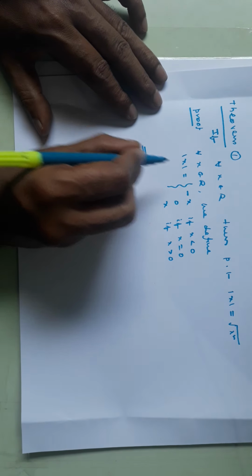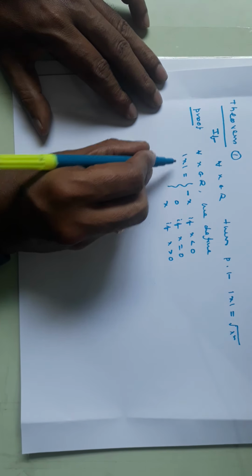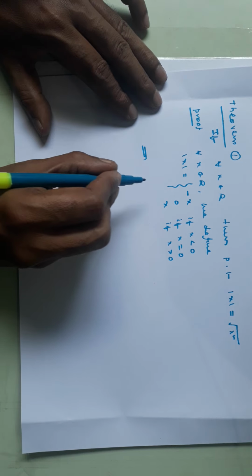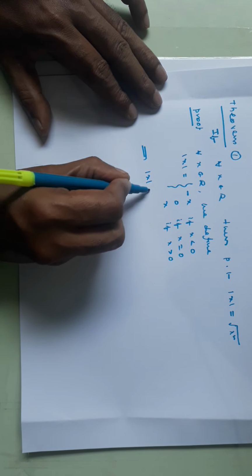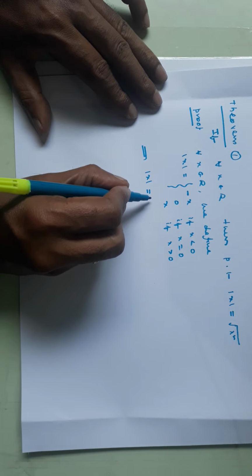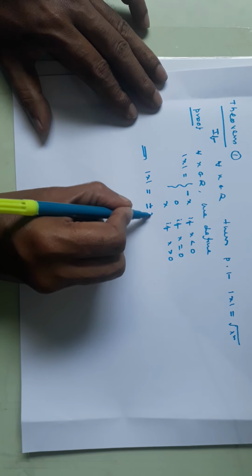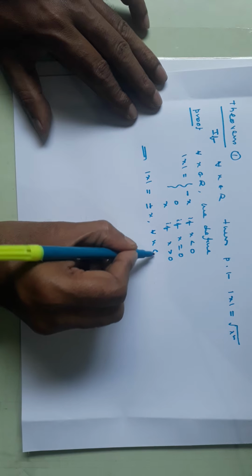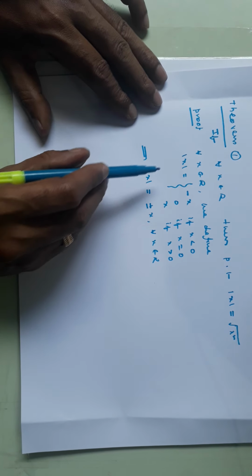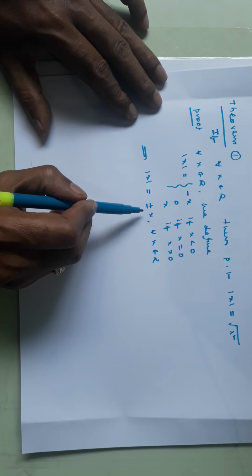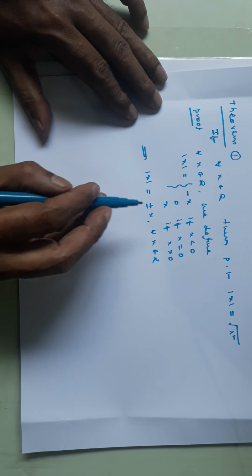This implies for every x belongs to R, mod x can be defined like this. So what is the simplification of this? As mod x is equal to plus or minus x, for all x belongs to R.